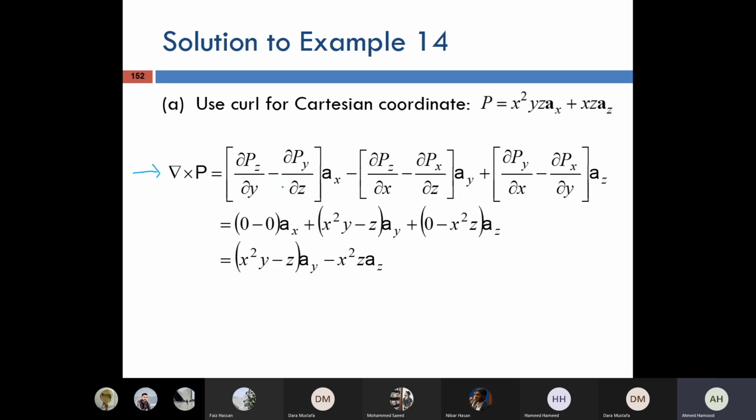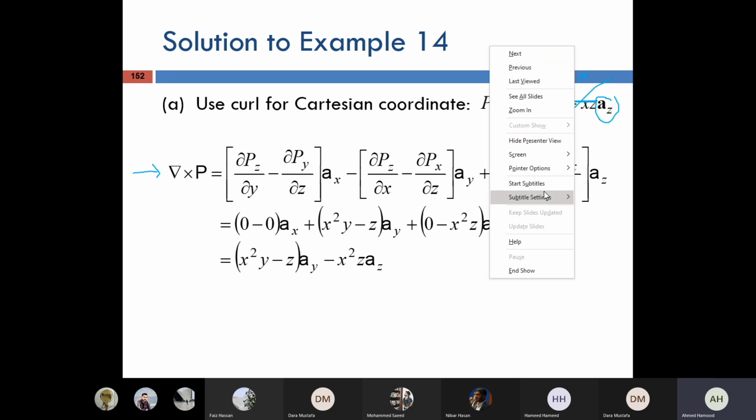Then let's do it one by one. Differentiate Bz based on y, so Bz here is z, so for ex you have z. And based on y, this is 0, so you have 0 here.